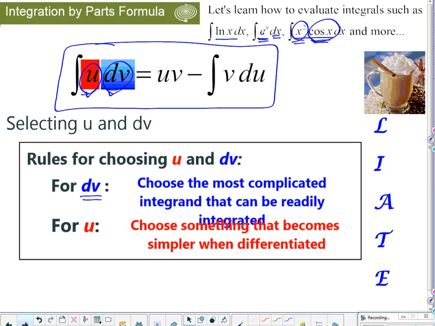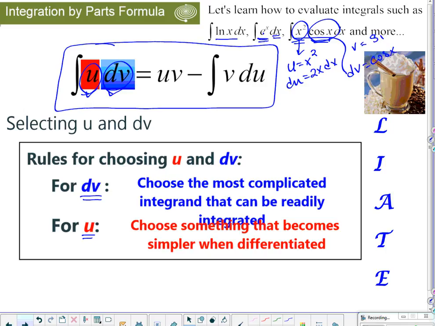And then for u, I want to select something that becomes simpler when differentiated. So for instance on here, I might select this to be my u because I know when I take its derivative, it does become a little bit more simple. And added to that fact, this would make dv then, and I can actually integrate the cosine.